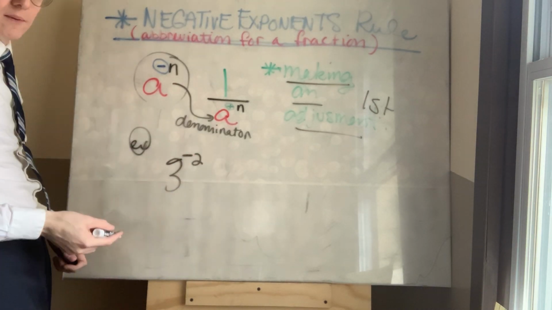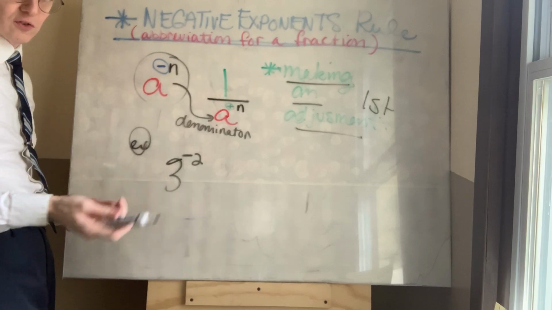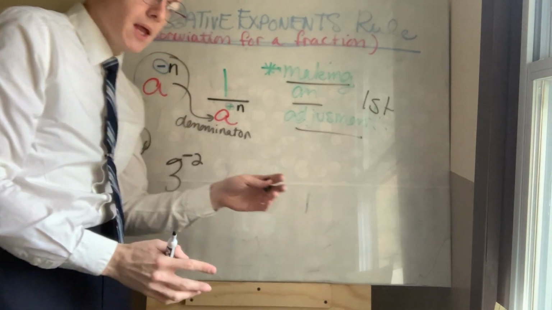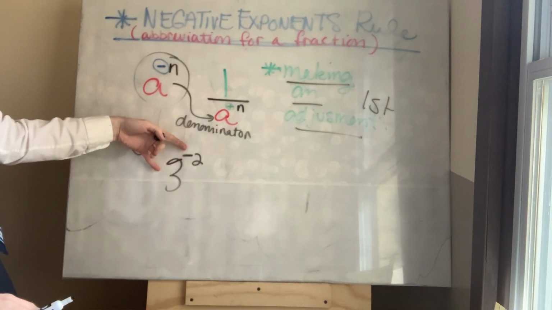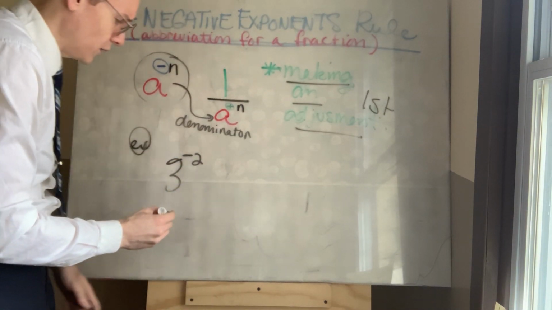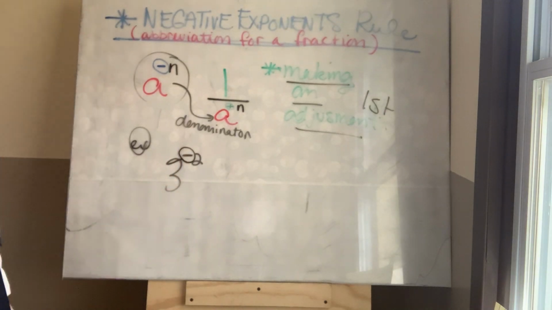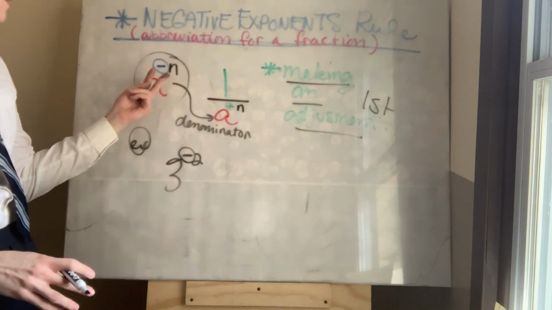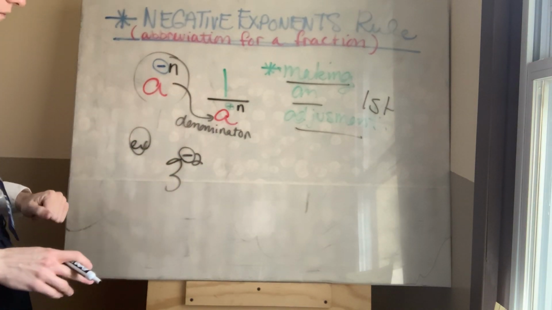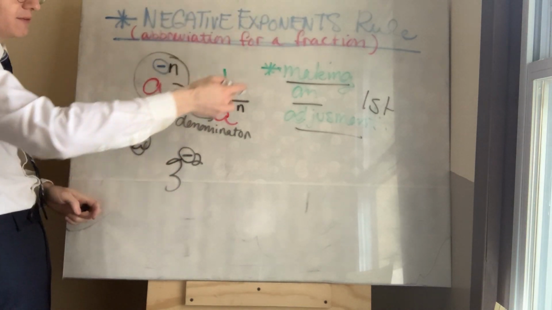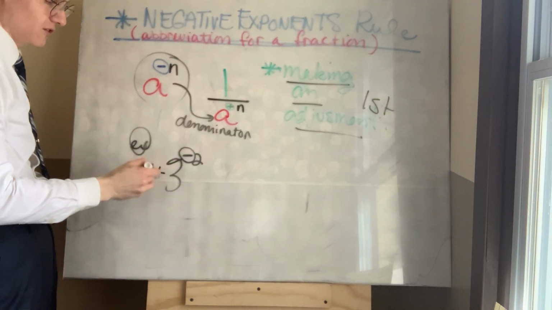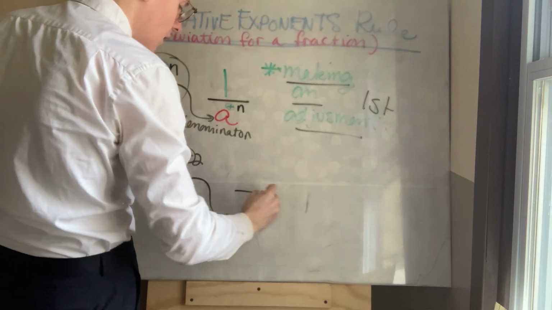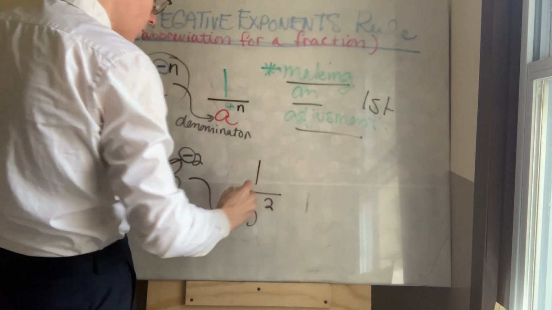Don't attempt to do 3 times 2 is negative 6 or something like that. First of all, that is incorrect because it's supposed to be 3 times 3. And don't worry about the multiplication rules of signs when you're dealing with the exponent here. The multiplication rules for signs do not apply to the exponents. When you're just applying the negative exponent rule, don't worry about that. It's not like it's this times this.